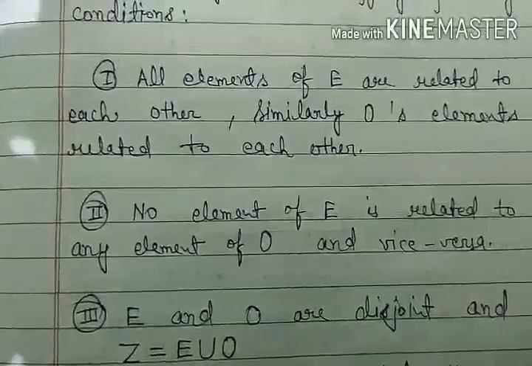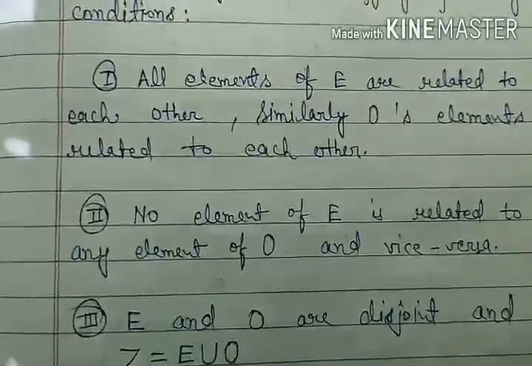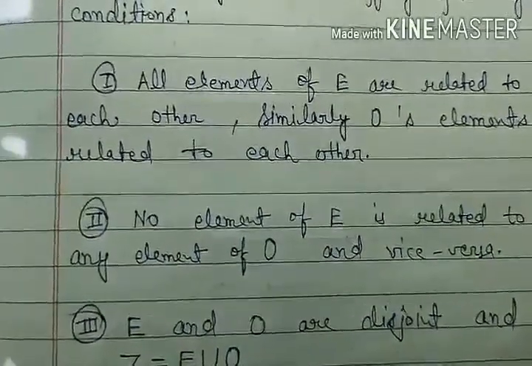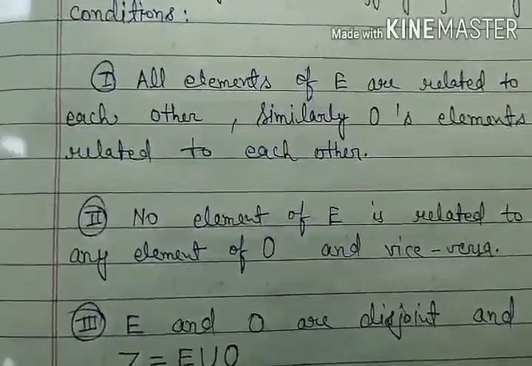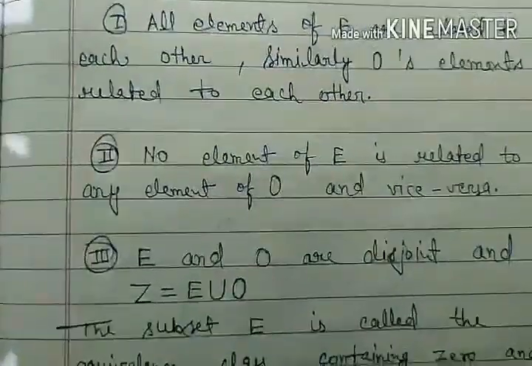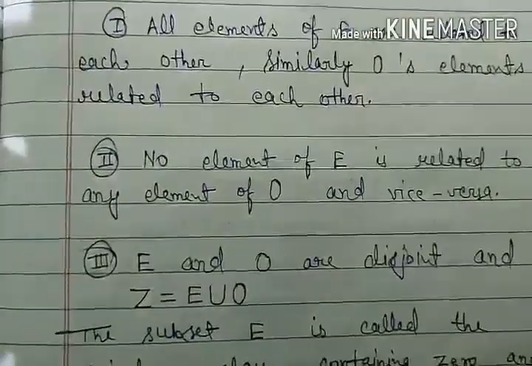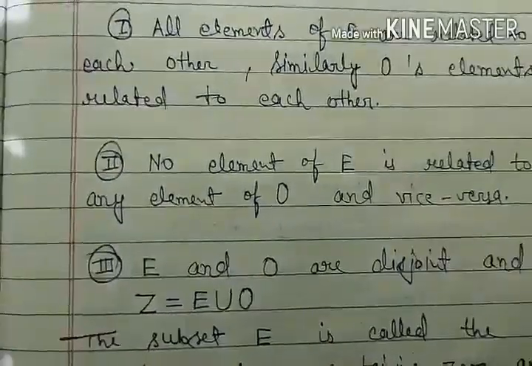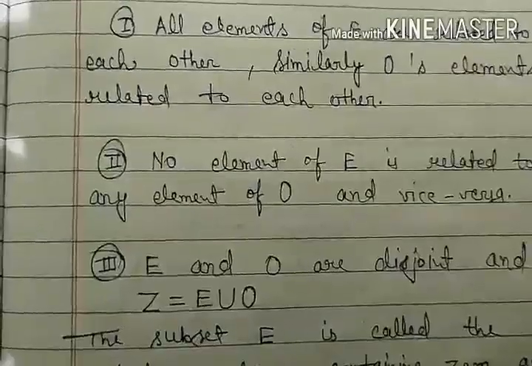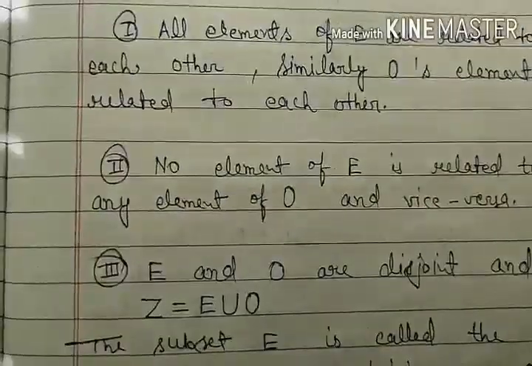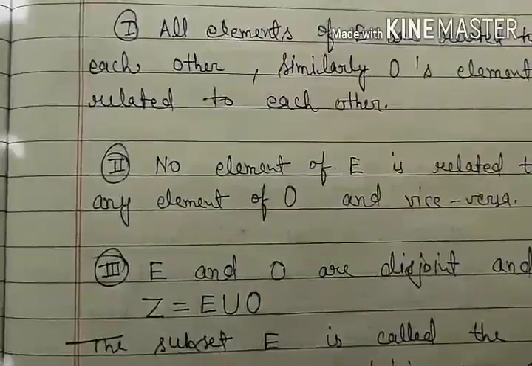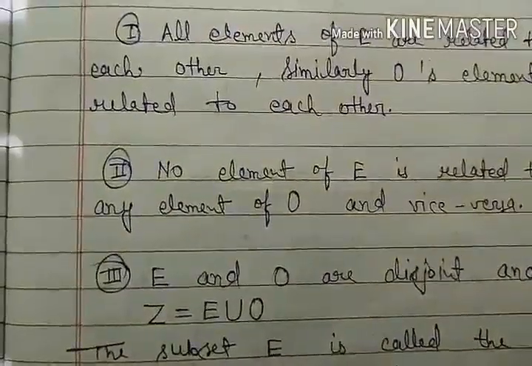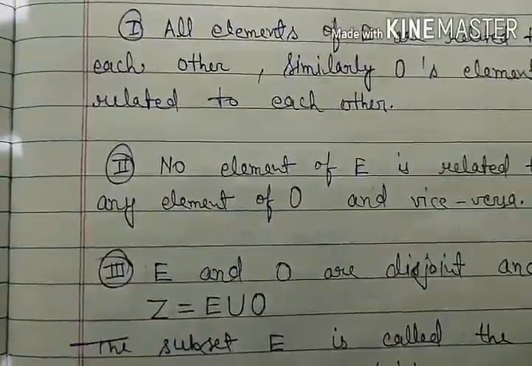Second, no element of E is related to any element of O and vice versa. Third, E and O are disjoint and Z equals E union O. If you consider all even integers and all odd integers, the union of that will give you the set of integers Z.